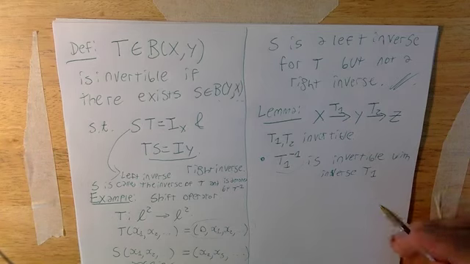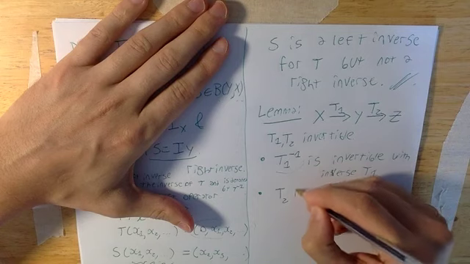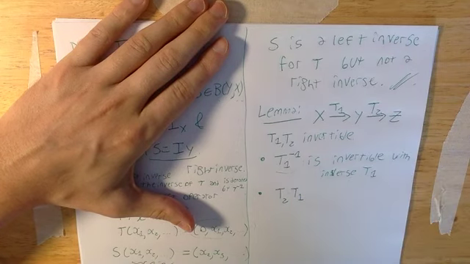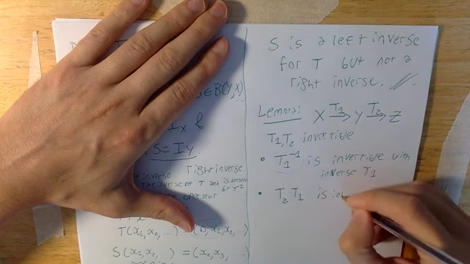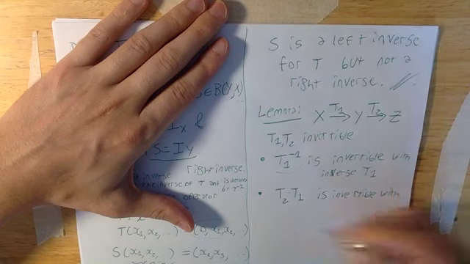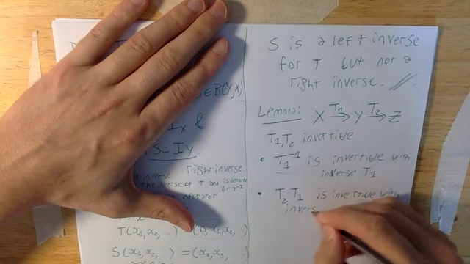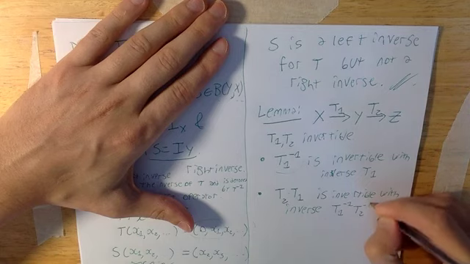And then the next one is that T2 composed with T1, which, as we said last class, we're going to denote by the product, is invertible with inverse T1 inverse T2 inverse.